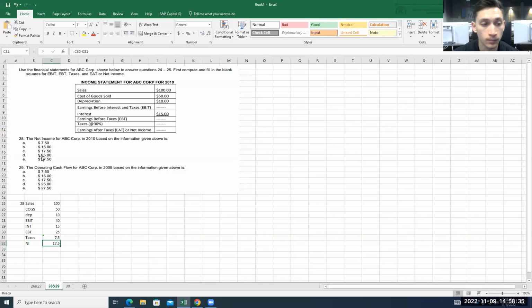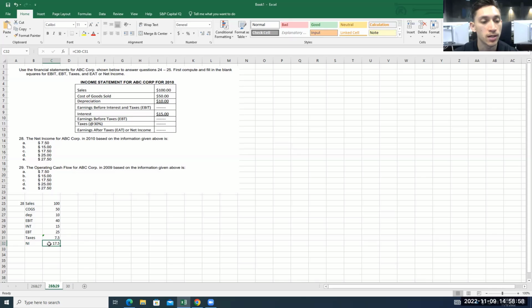And 28 asks us the net income for ABC Corp in 2010, based on the information given above. We calculate our net income of 17.5. It's going to be C. And then number 29, the operating cash flow for ABC Corp in 2009, based on information given above, is to calculate our operating cash flow.